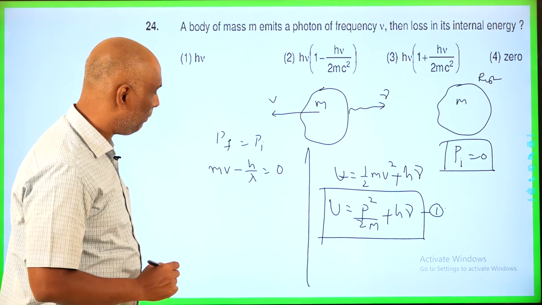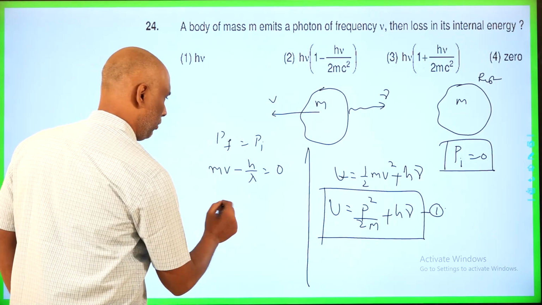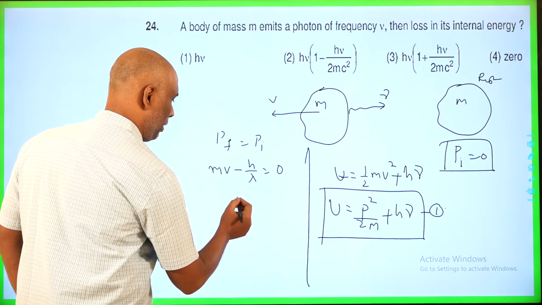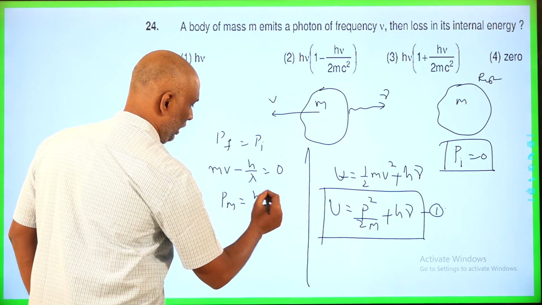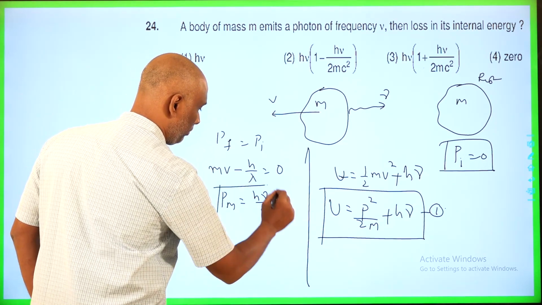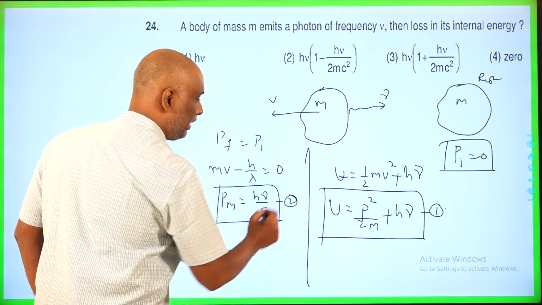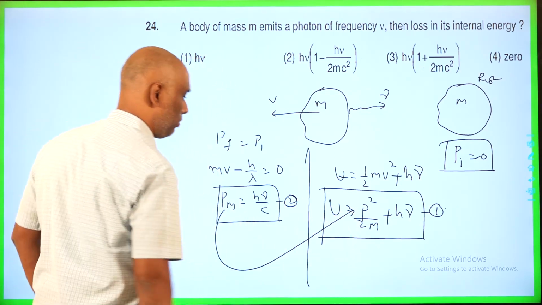And then lambda can be written as c divided by nu. So from this equation I can say the momentum of the mass should become equal to h nu divided by c. This is the second equation.